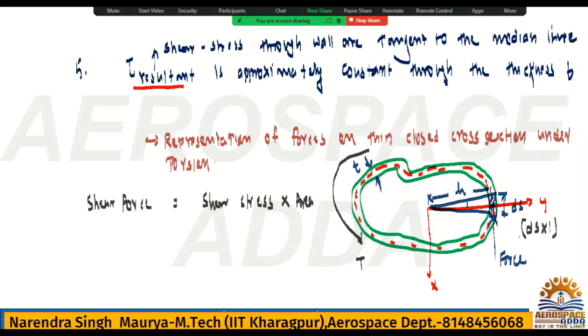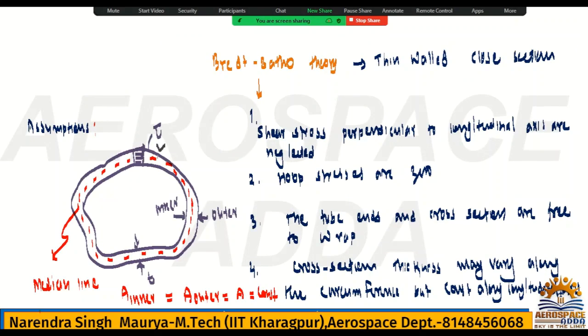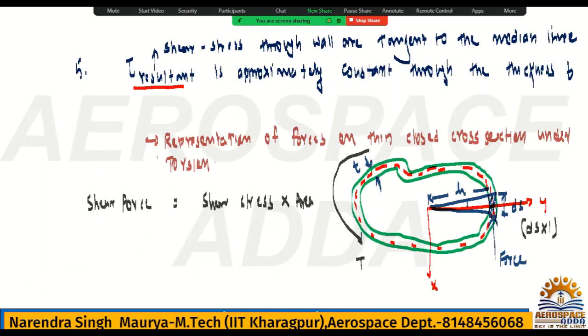And the shear stress, as shown previously, is acting tangent to the medial line. See that resultant shear stress, it is tangent to the medial line here.